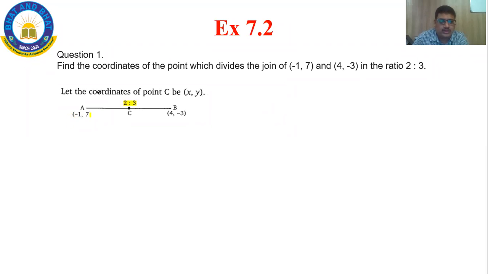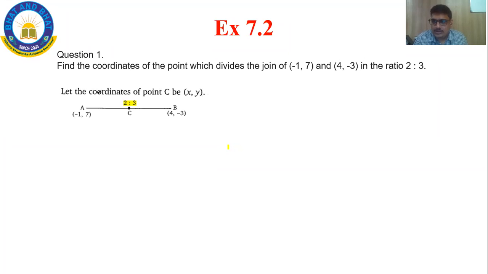Okay, (-1, 7), (4, -3). So AB is divided at point C, or I can say AB is cut at point C, in the ratio 2:3. Again, it's a straightforward question. The formula is mx2 plus nx1 divided by m plus n.